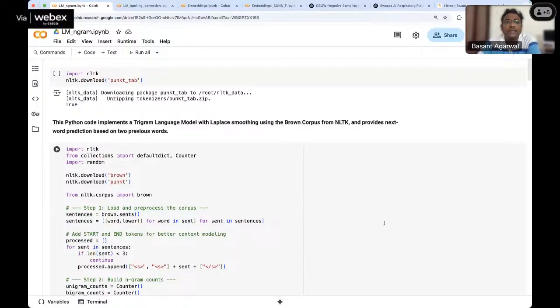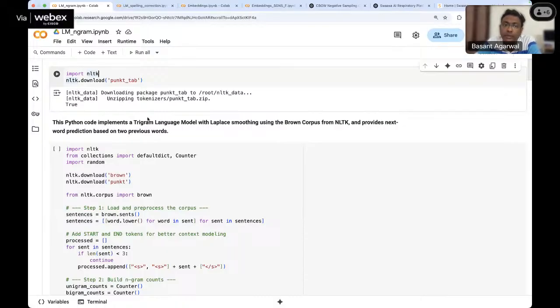Okay, so I will start with the first experiment, which is a language modeling model using n-gram models. If you remember from the lab in the morning, in this experiment what we are doing is implementing a trigram language model and the Laplacian smoothing technique.